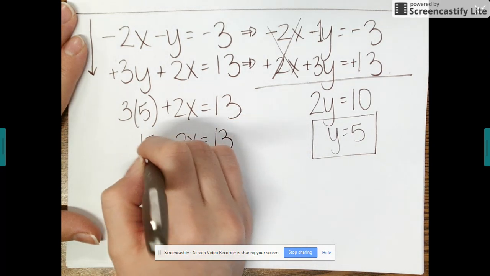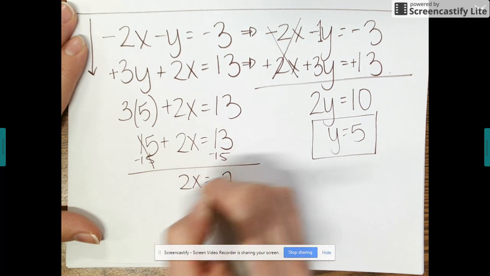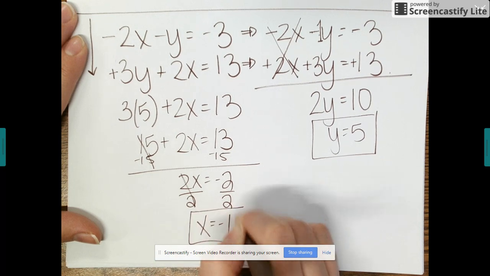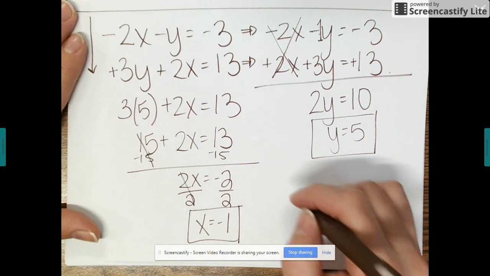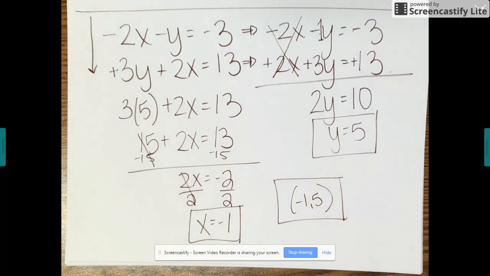Let's subtract. And let's divide. Okay, so my ordered pair is negative 1, 5. Okay? All right. So I'm going to pause the video because I'm running out of time probably, and we'll do some more advanced problems.